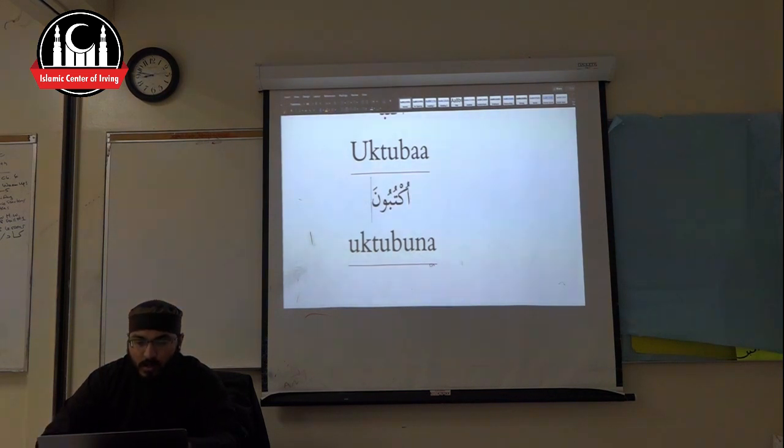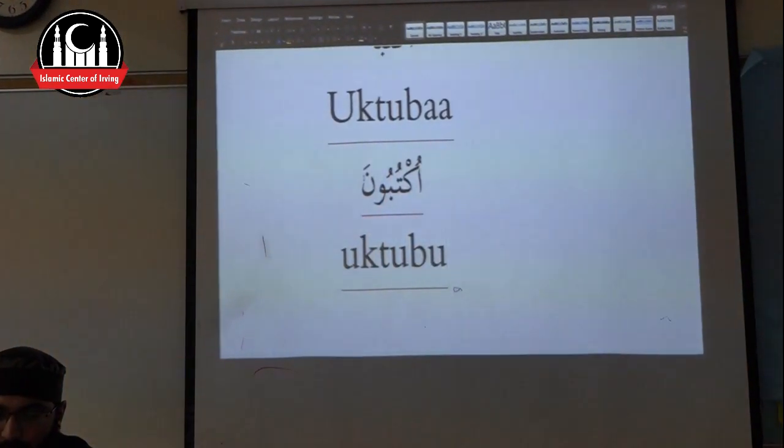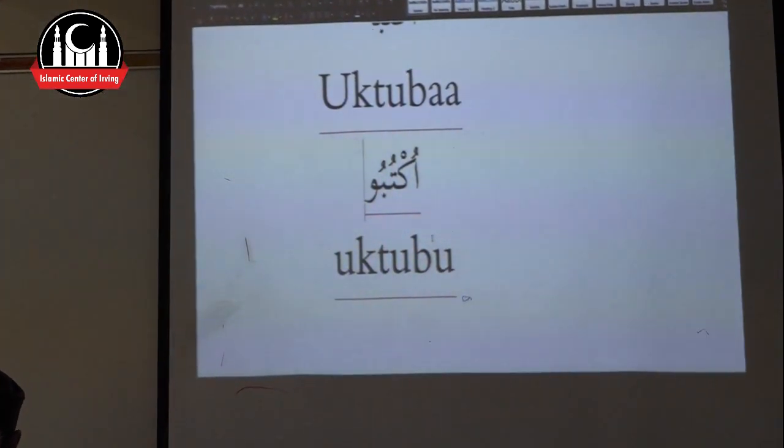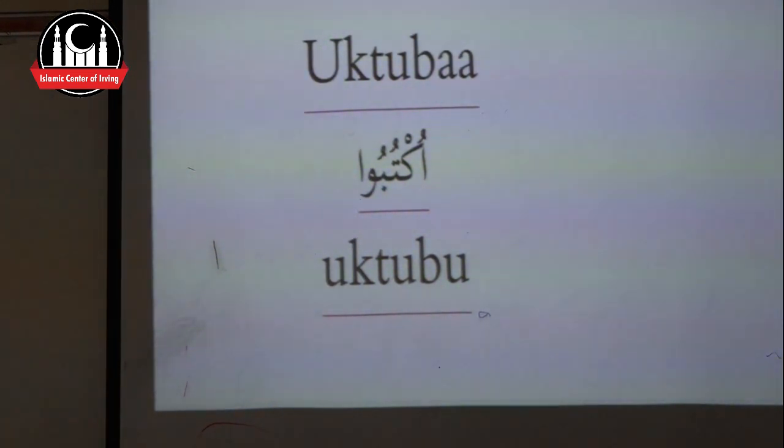Okay. I'm going to cut off the ending as well. And then just the Arabic language, stylistically, they put an empty alif here as a placeholder. But that alif doesn't actually signify anything. But it's pronounced uktubu. Okay?